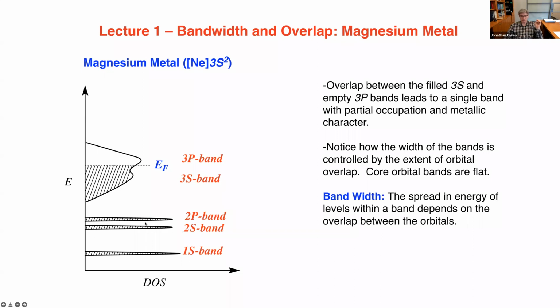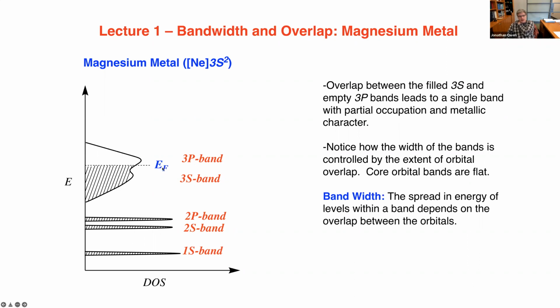Same is true for 2s and 2p, but now when you get up into the 3s and 3p band, you start to see broadening of the energy levels that's caused by this increasing overlap that was diagrammed on the previous slide. Now those molecular orbitals give rise to two peaks, and those two peaks overlap, and they are filled, right, by the 3s2 electron pair that came with the atom.